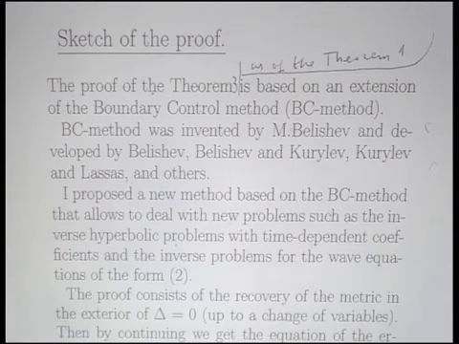My proof goes this way. How to find the ergosphere? You recover the matrix. When you recover the matrix, then you can find where G00 equals 0. From the boundary measurement, you know the matrix on gamma cross (0,T).